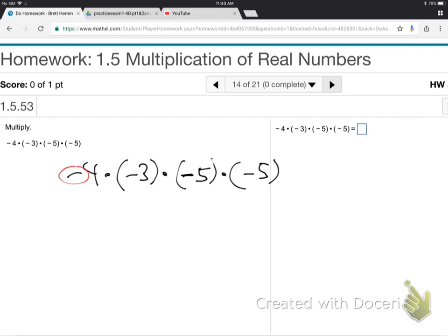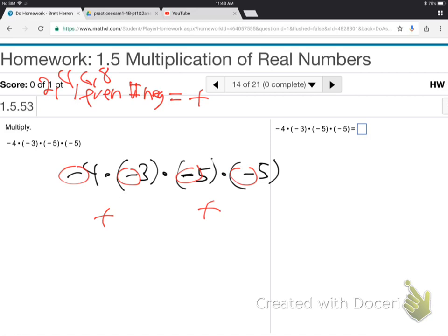So these 2 minuses make plus, and these 2 minuses make plus. If you have an even number of negative signs, like 2 or 4 or 6 or 8, it's going to be positive in the end, isn't it? If you have an odd number of negatives, like 1 negative or 3 or 5, it's going to be negative in the end. Does that make sense where I'm coming up with that?